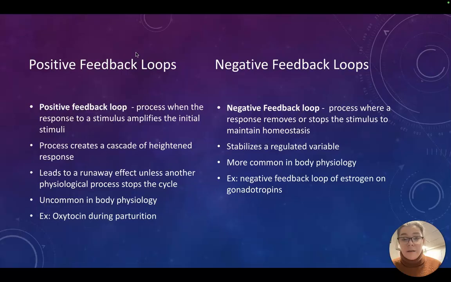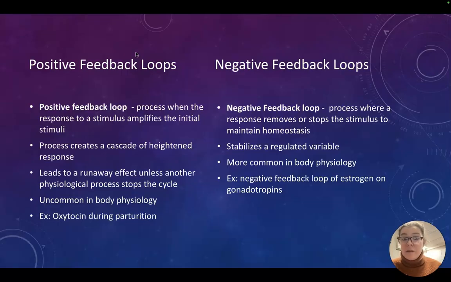Now, with negative feedback loops, the response to a stimulus actually removes or stops the stimulus from occurring, and this process is intended to maintain homeostasis. It stabilizes a regulated variable.